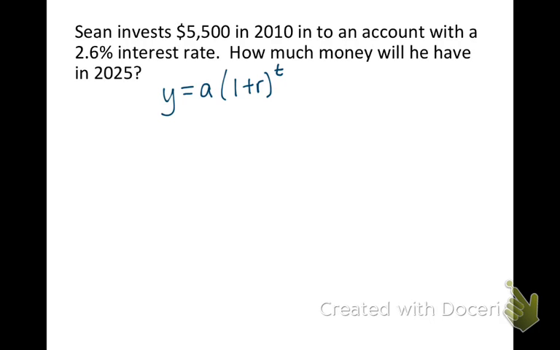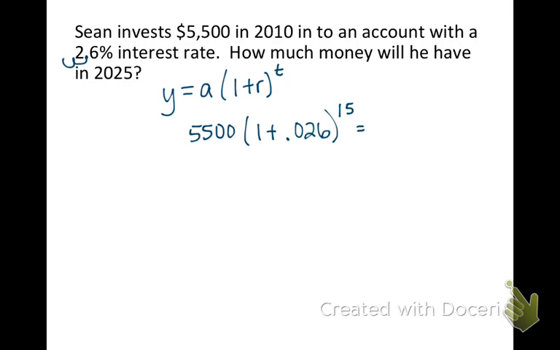So first of all, we need to start with his initial amount. We're going to plug $5,500 in for A. 1 plus. His growth rate is 2.6%. We need to move that decimal 2 times. So we're going to plug in 0.026. And the time span is from 2010 to 2025, so 15 is going to be our exponent.